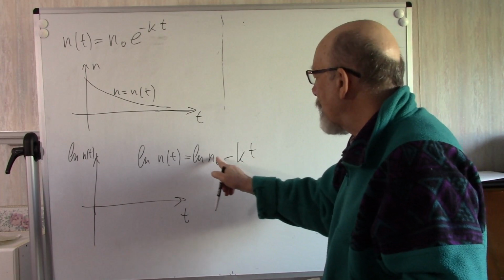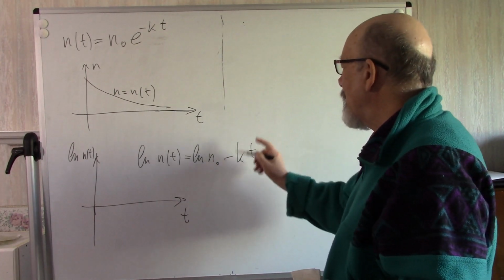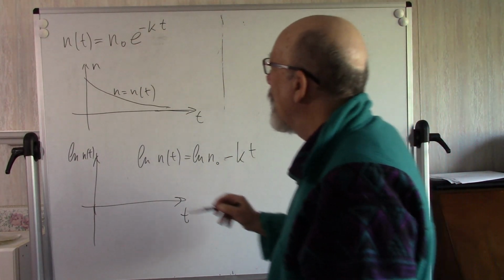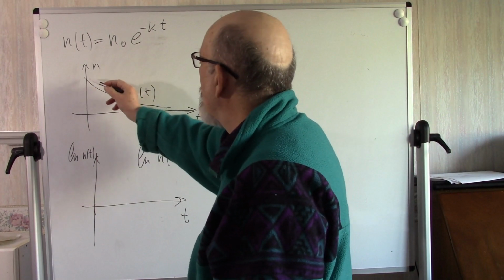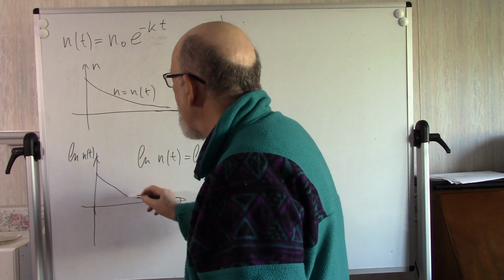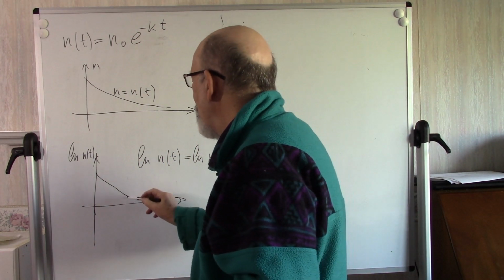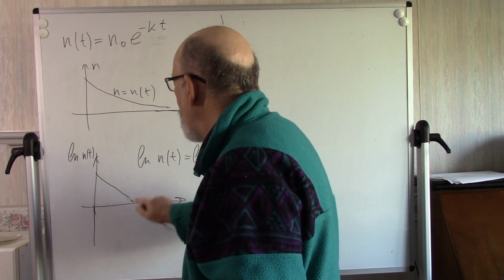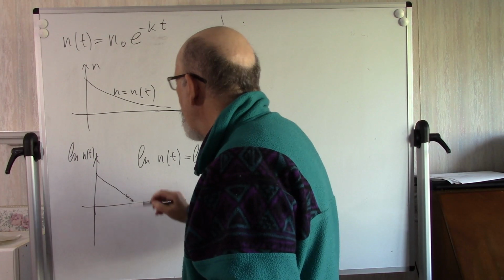So this is a constant and this is linear, so this is a linear function. This means that if you plot the logarithm, you will see a straight line.